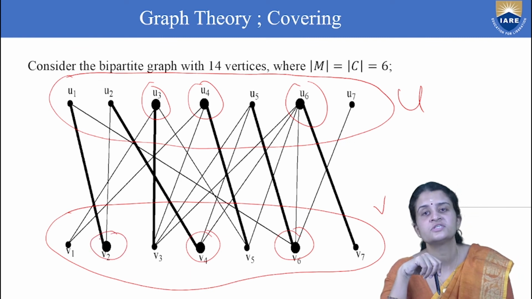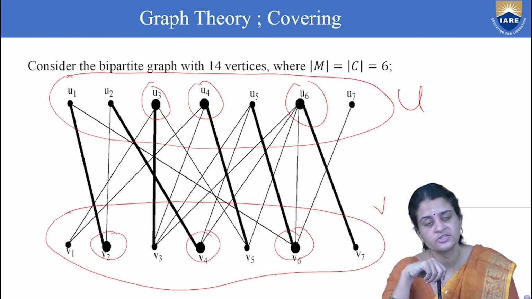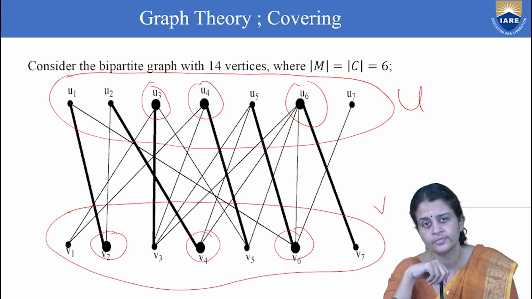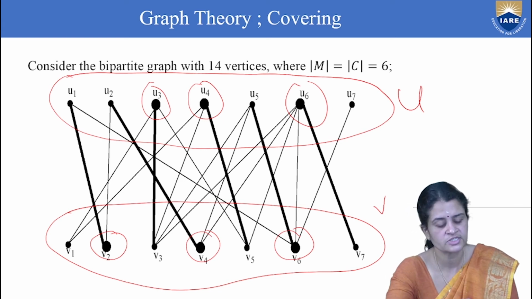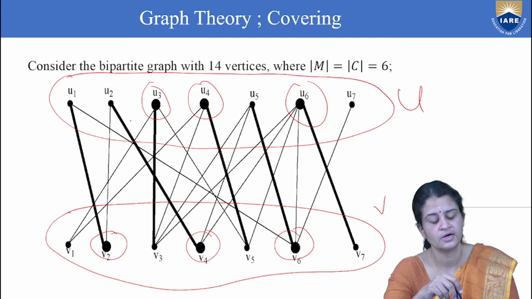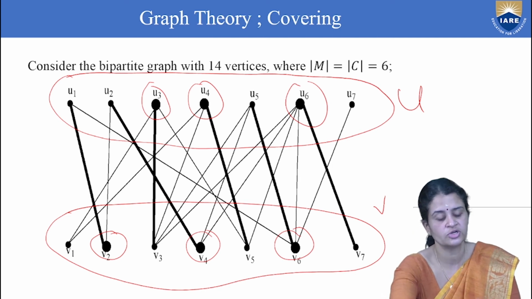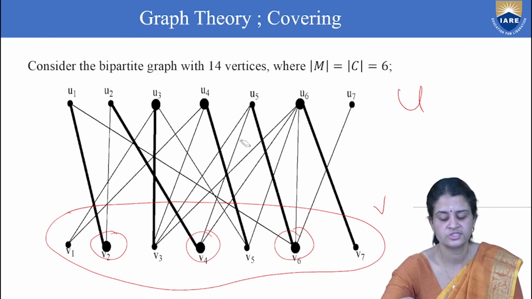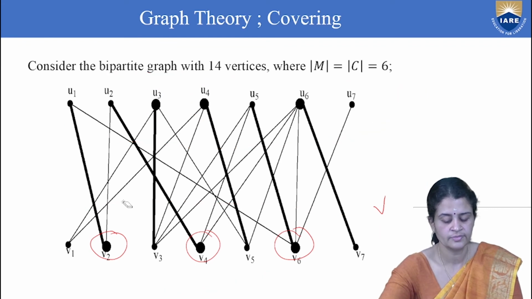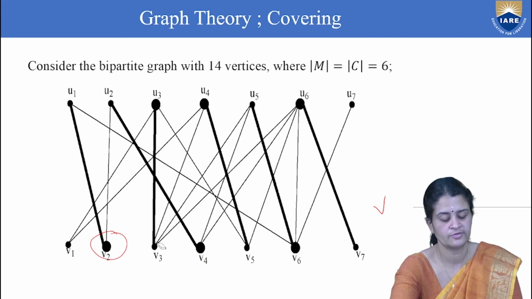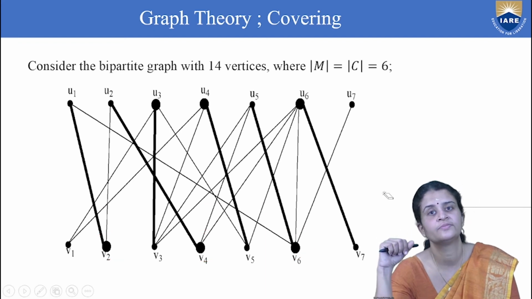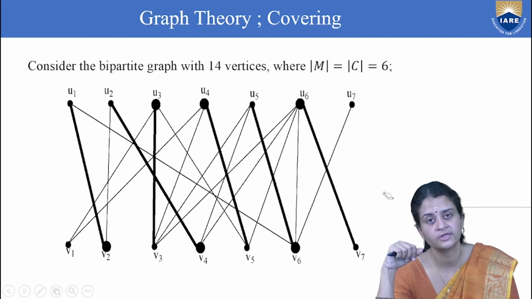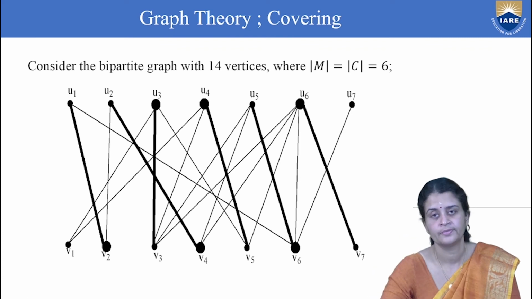These 6 vertices: do they cover all the graph? Yes. Take a little bit of attention to the figure and see whether these vertices cover the edges. So it is a maximal matching and a minimum vertex covering. This happens here due to Koenig.